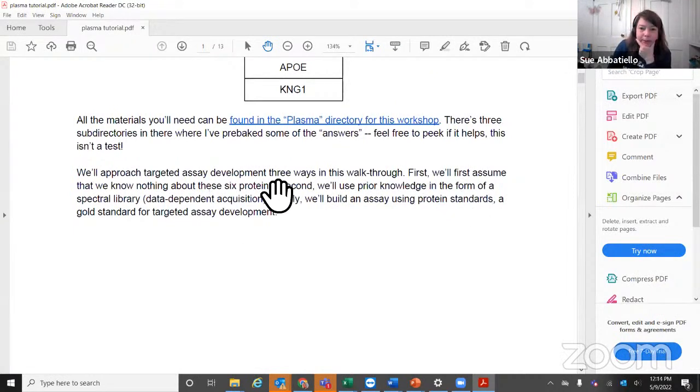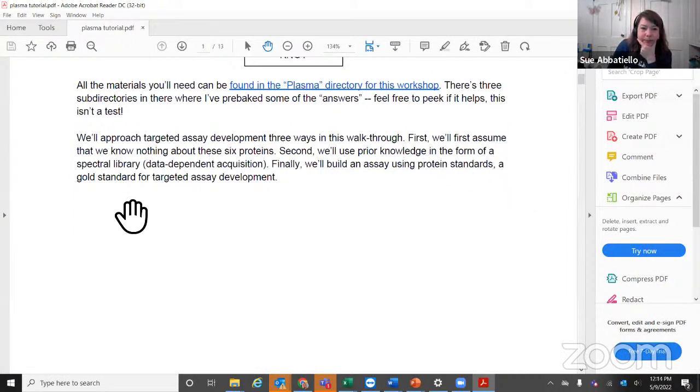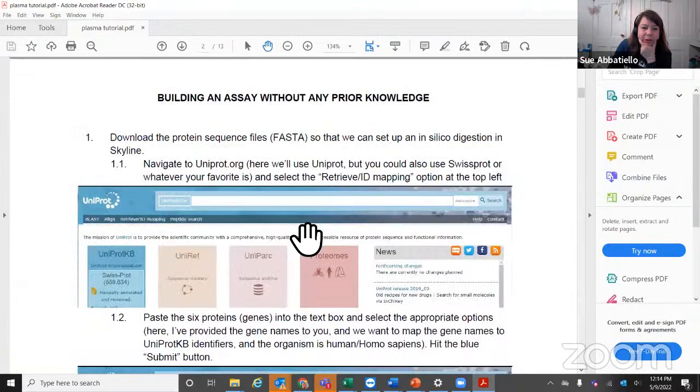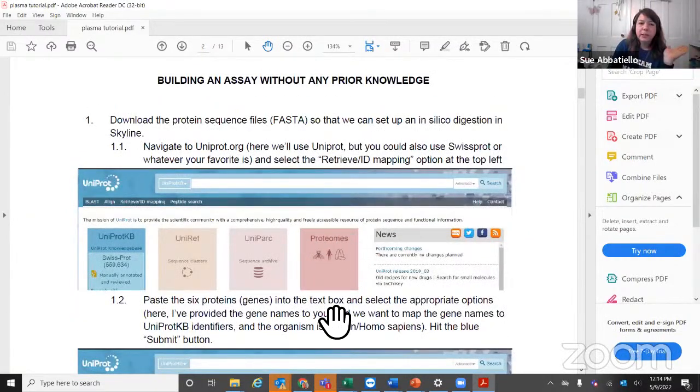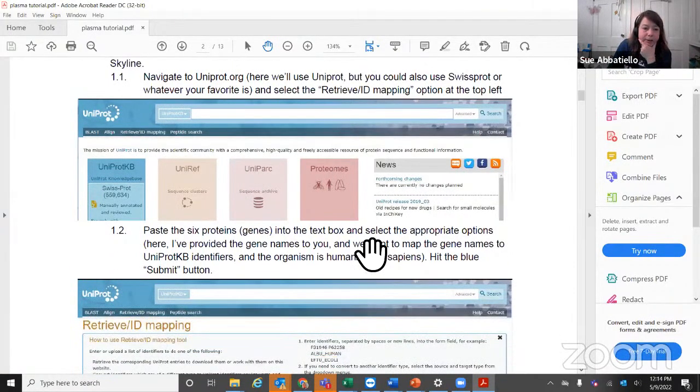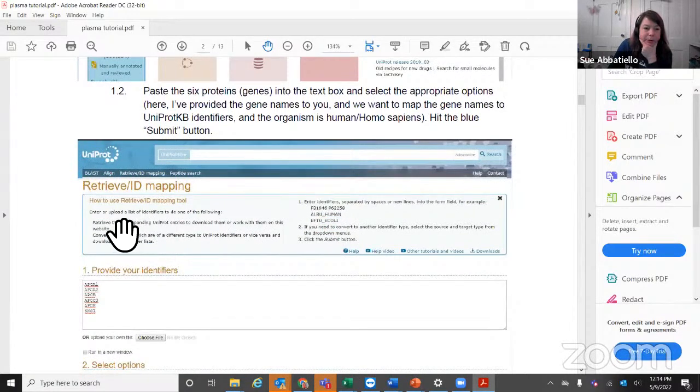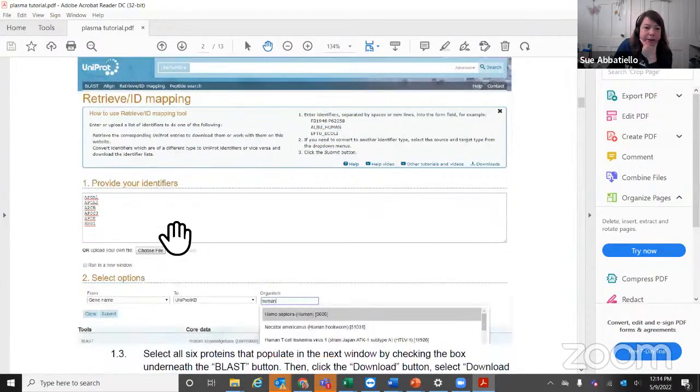So first, we assume we know nothing about these 6 proteins, because I'm assuming nobody knows anything about these proteins. So you can build an assay without any prior knowledge, because you're going in and looking at information about the IDs, your identifiers.